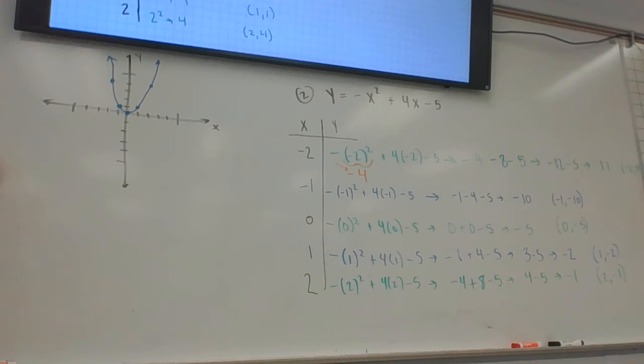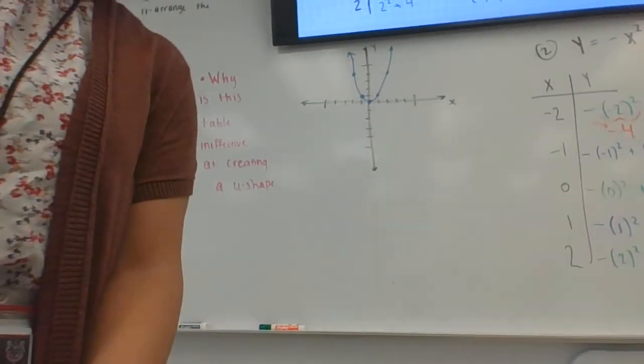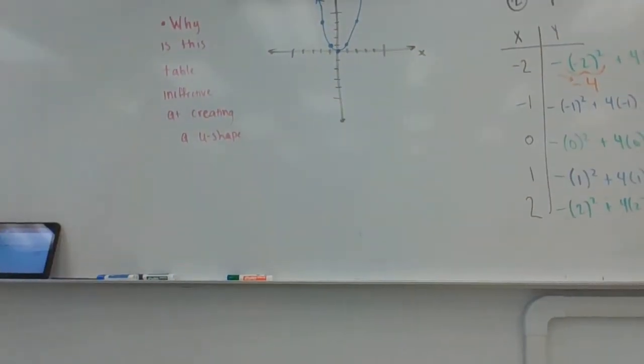Creating a U shape. I'll think more about that word in a second. Why is the table not good at making a U shape for this particular equation? And how could we make a better table? Let's see if you can answer that before I tell you.